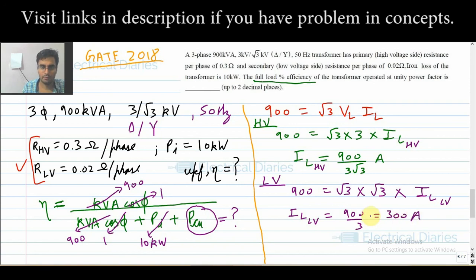So now remember, for copper losses you have to first find the per phase copper losses. So these are the line currents. For delta connection, I phase HV will be, oops, I made a mistake there.